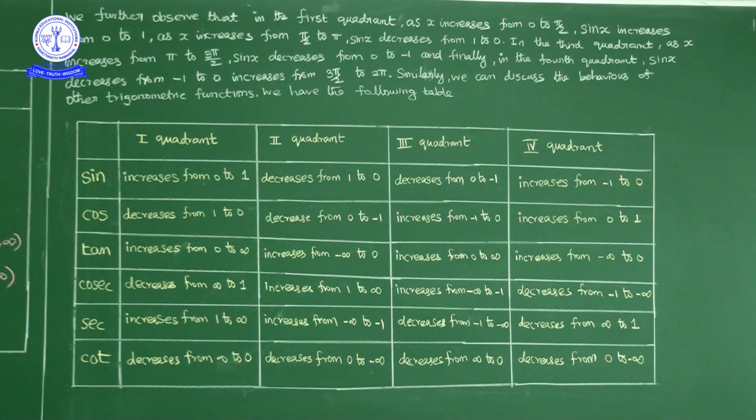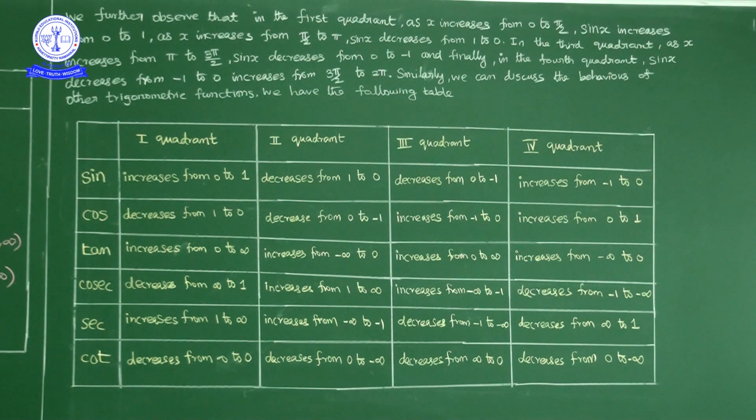Now if you observe here, tan increases from 0 to infinity in first quadrant, increases from 0 to infinity in third quadrant. So tan is positive in first and third quadrant. Tan increases from minus infinity to 0, negative, and here also minus infinity to 0, negative, means tan is negative in second and fourth quadrant.